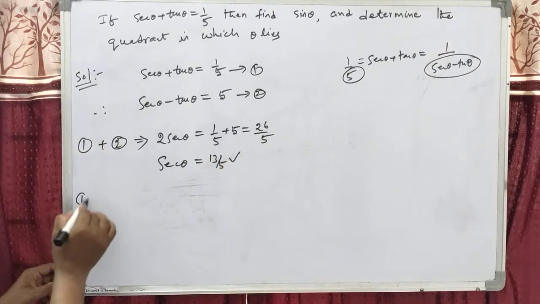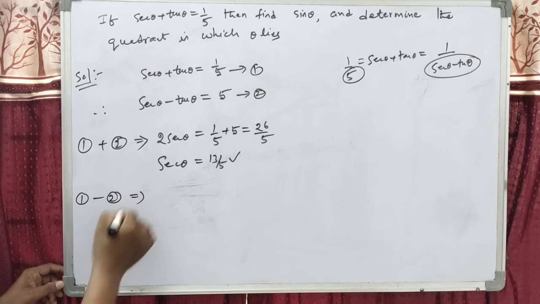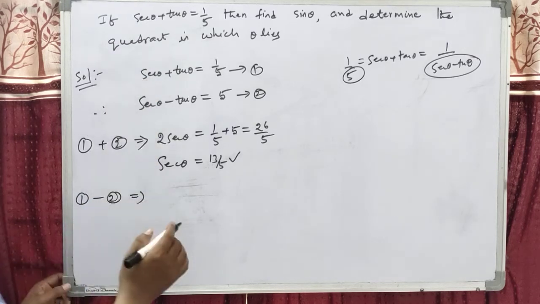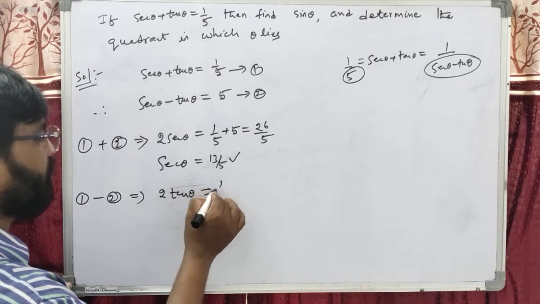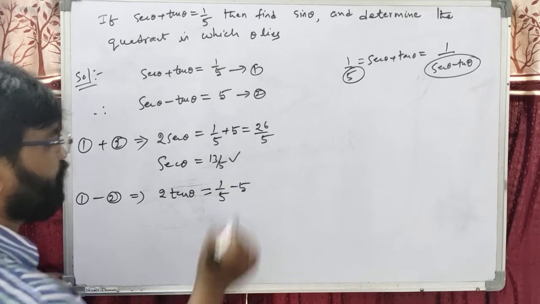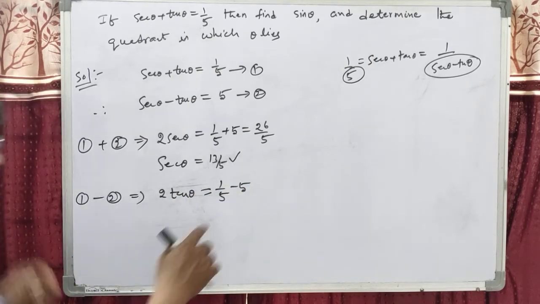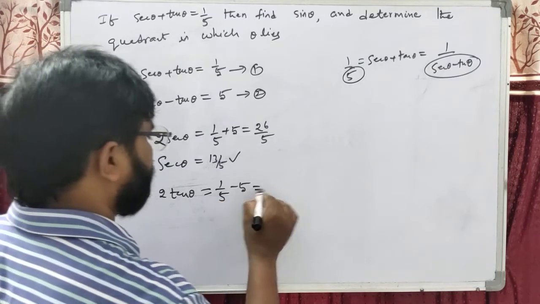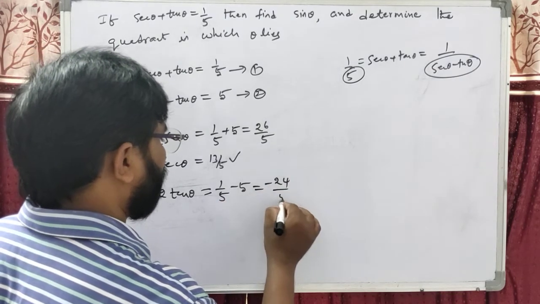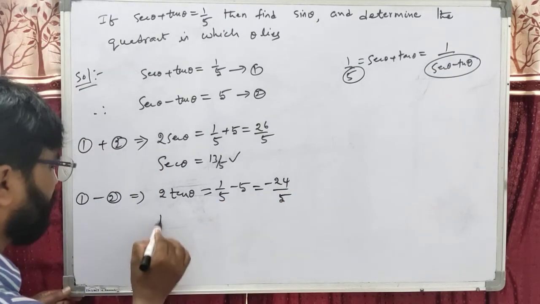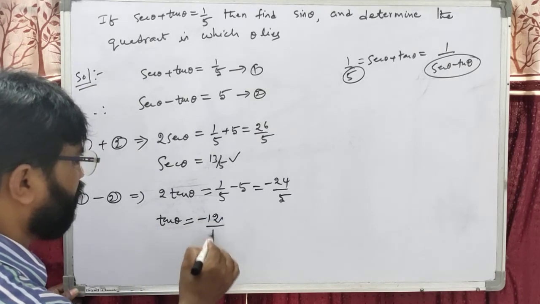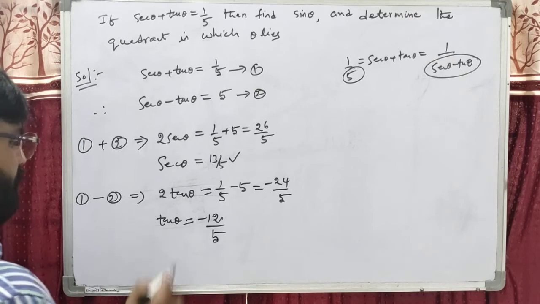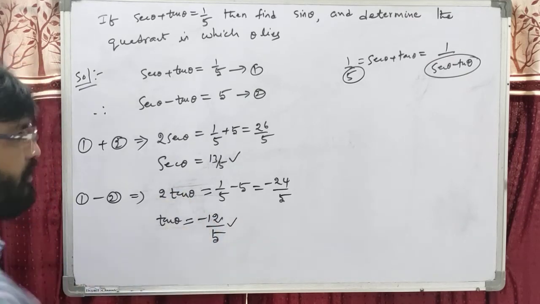Dear students, when we take the subtraction 1 minus 2, secant cancels. This is 2 tan theta equals 1 by 5 minus 5, which is minus 24 by 5. So we get tan theta equals minus 12 by 5. This is the tan theta value, and this is the secant.